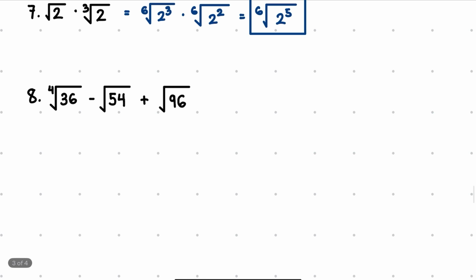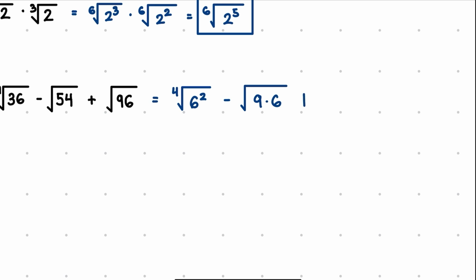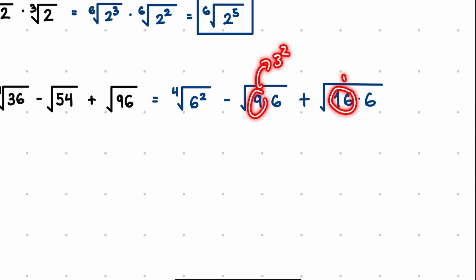Okay, so we have some space. To do that one, for the first one, take note that 36, we can view that one as the fourth root of the square root of 6 squared. And then for the second one, we can view 54 as 9 times 6. And for the last one, we can view it as 16 times 6. Take note here that 9 is a perfect square, and 16 is a perfect square, which means we can factor that out.